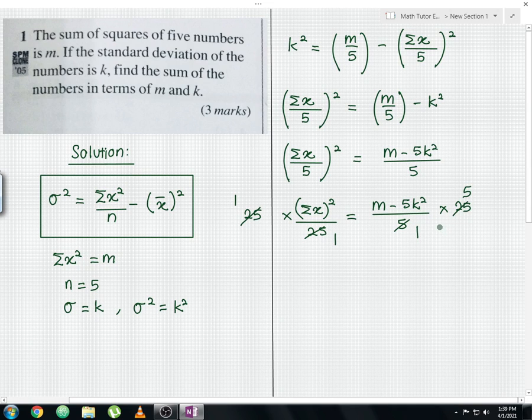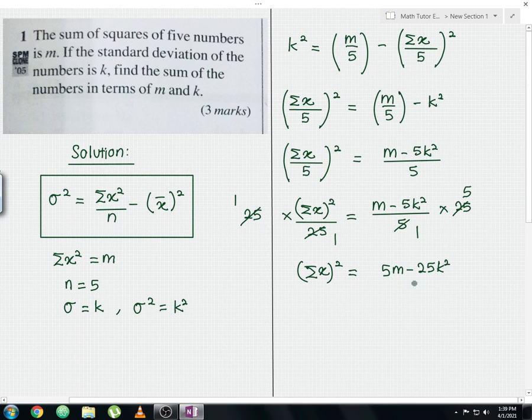Since we are finding the sum of numbers in terms of m and k, guys, that is our main objective. So from here, sum of numbers square is equal to 5 times m minus 5k square. So from here you should get 5m minus 25k square. To find the sum of numbers, you square root the 5m minus 25k square.